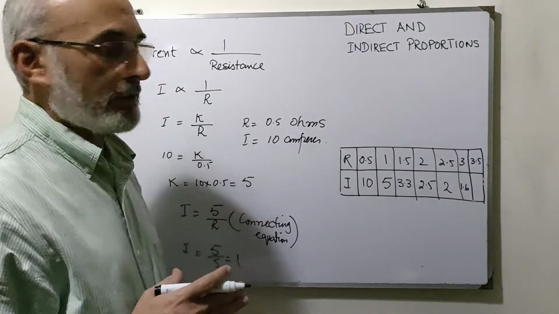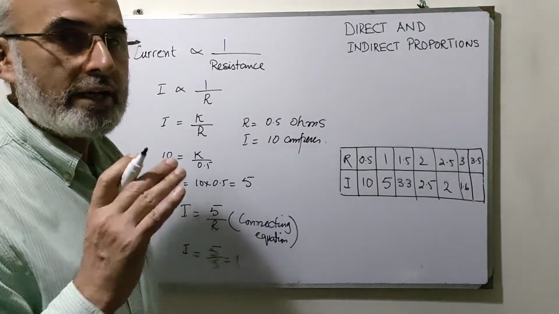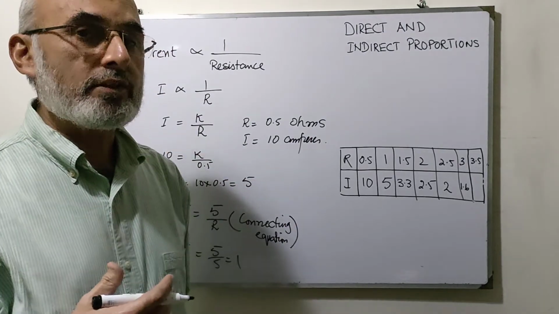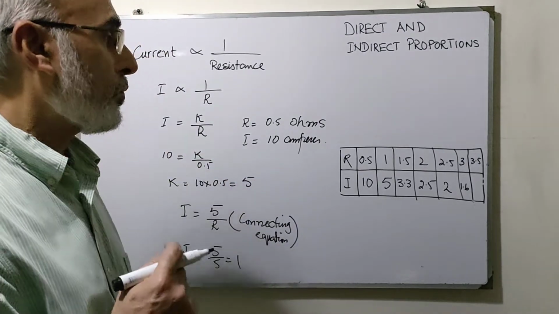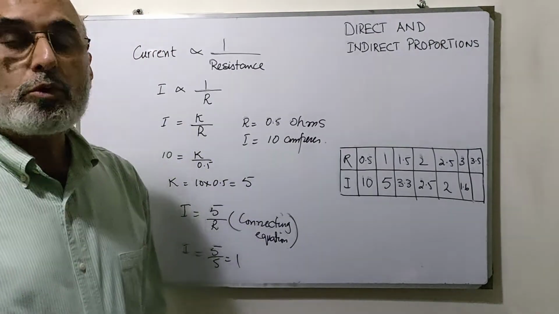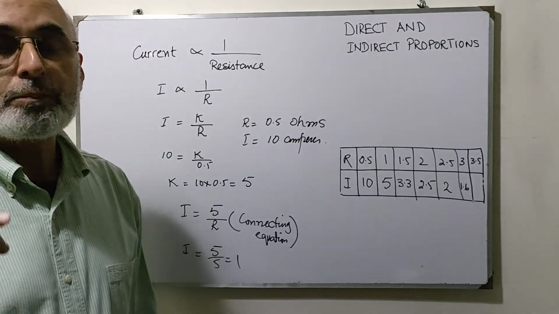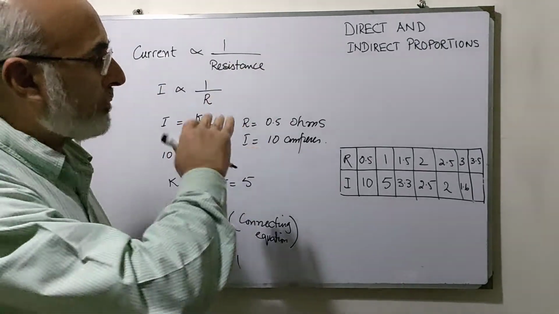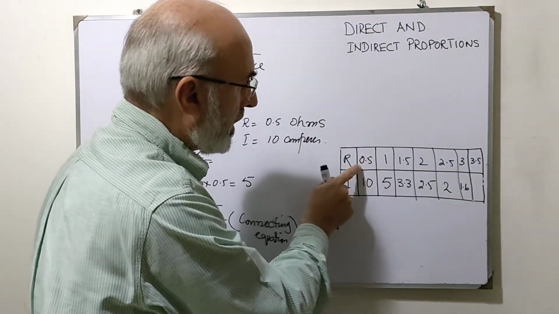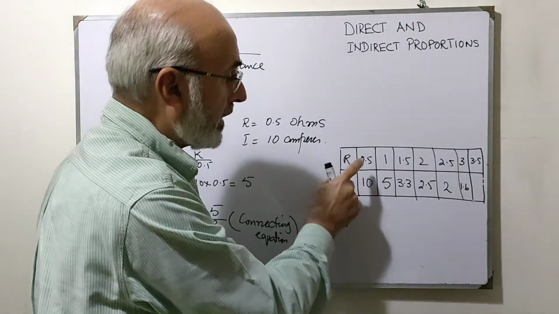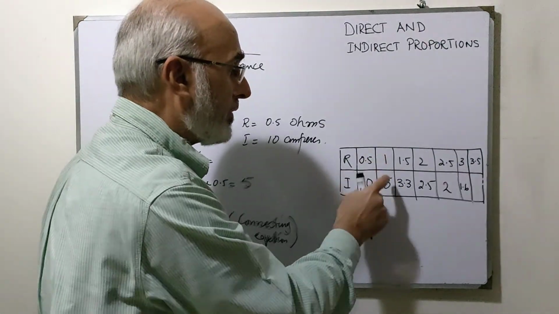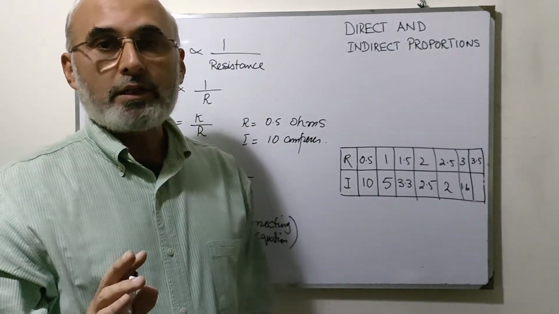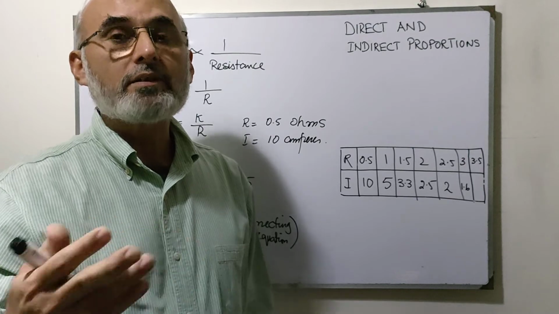So what is happening actually? Why did I say it's not only that one entity is increasing and the other is decreasing? There is something more to it. What is it? The product of any two coordinates, the value of R and the value of I, is going to give us the same result.